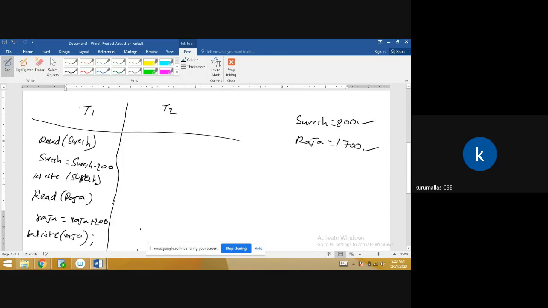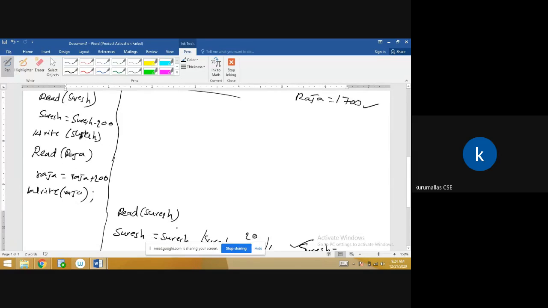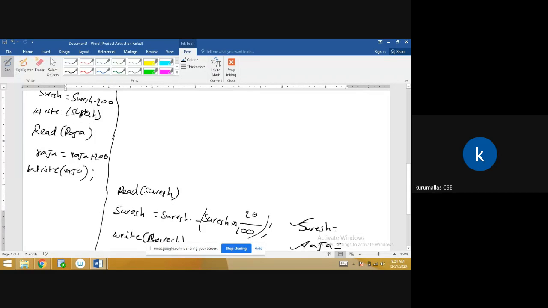When we start T2, the amount of Suresh is 800 and Raja's is 1700. We take these two as inputs to transaction T2. Transaction T2 transfers 20 percent of the balance from Suresh's account to Raja's account.